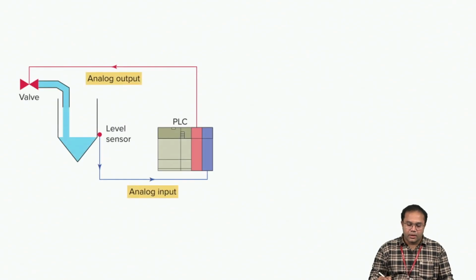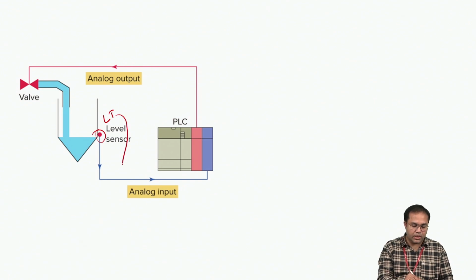Then here is another example. We are going to measure the level, so we use a level transmitter. The level transmitter provides an analog value, and that analog value goes as an input to the PLC.